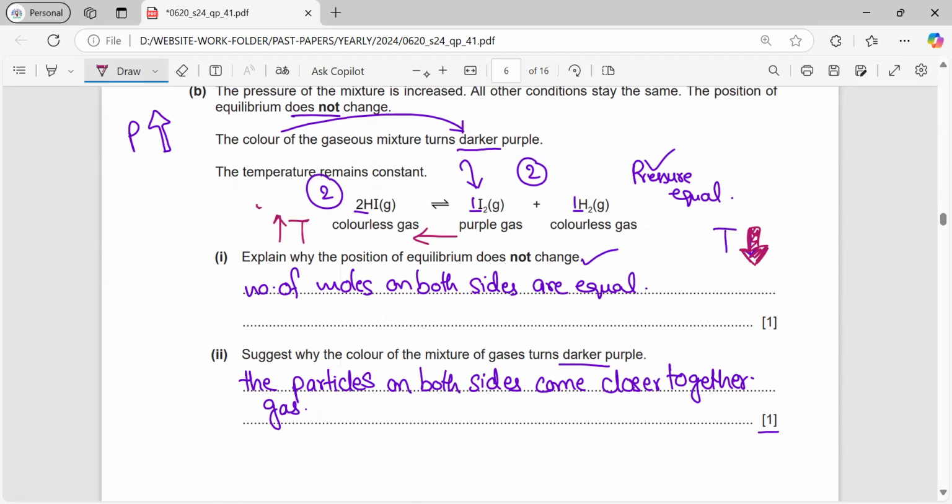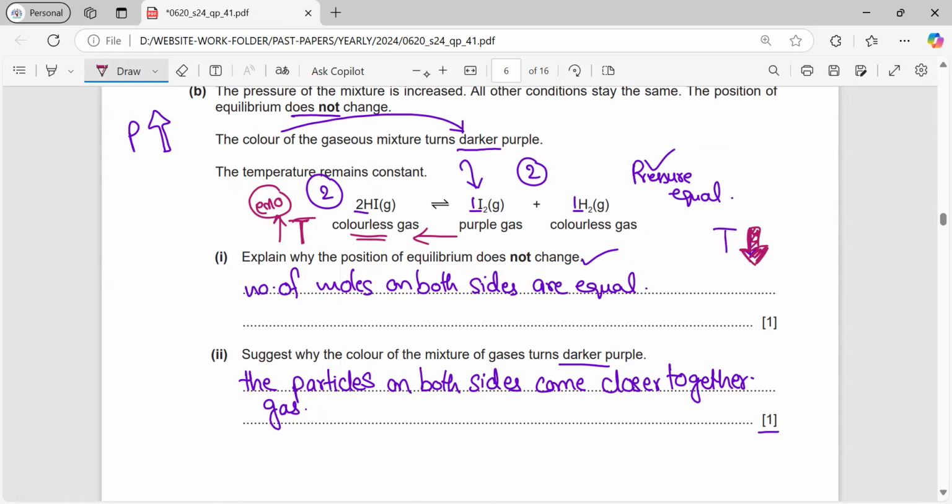The backward side is exothermic because the system will always do the opposite of whatever we have done. Whatever change we make, the system will act to oppose that change. So if we decrease the temperature, the system will move towards the side where the temperature is high, meaning the exothermic side. It will move backwards and the color will become lighter because hydrogen iodide is colorless. So the purple color will become lighter.